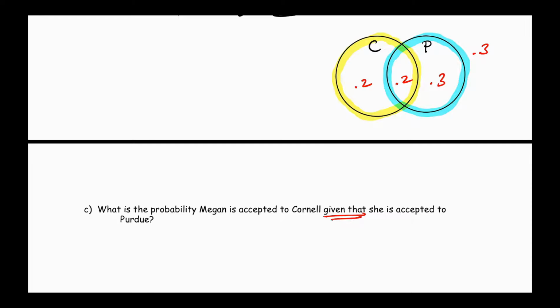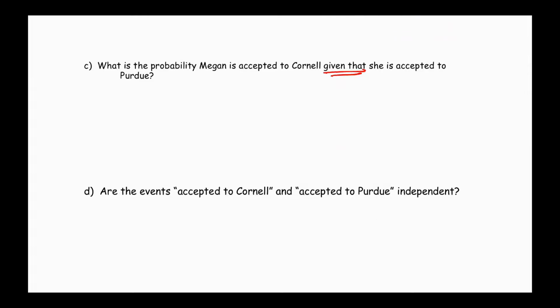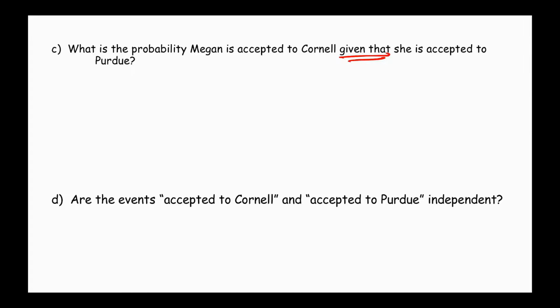Okay. So I'm going to write this. What's the question asking? The probability of what? Cornell. That's going to go here. The question goes first. Whatever question they're asking goes first.